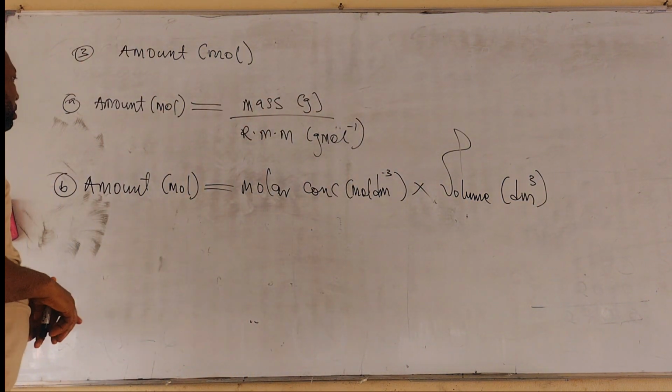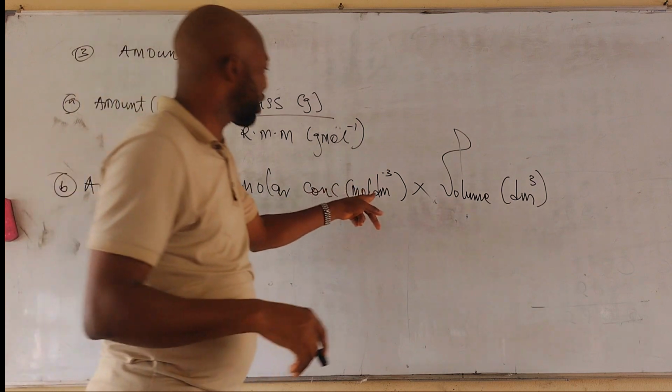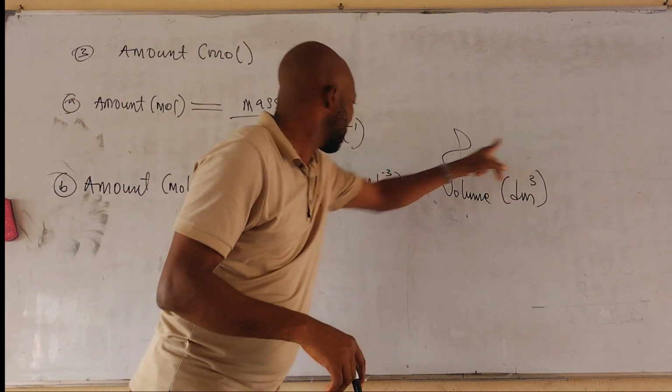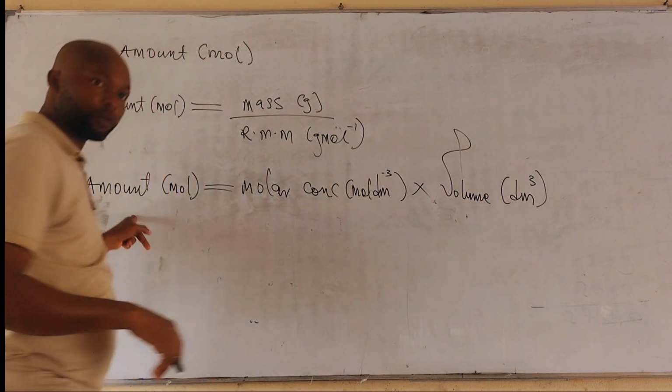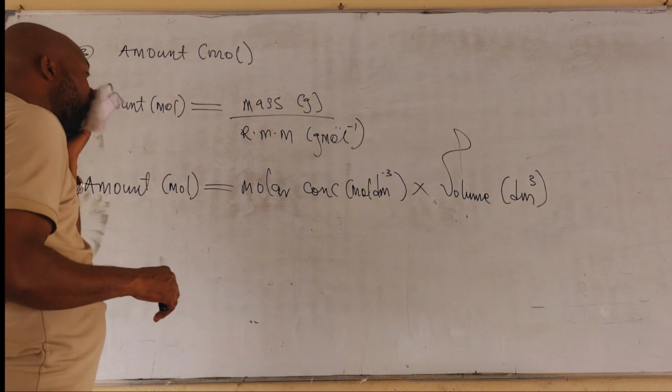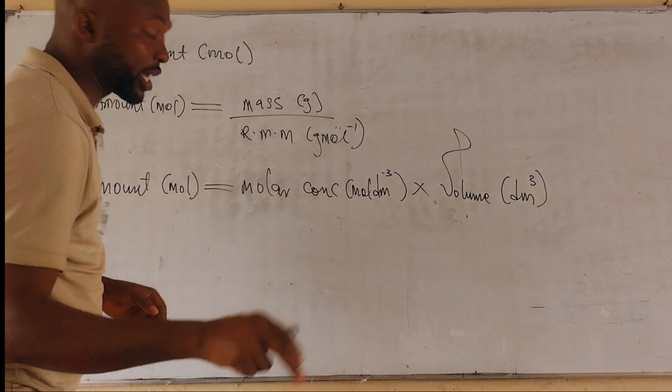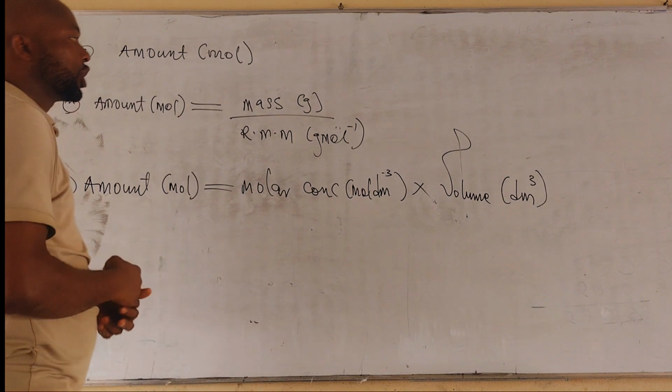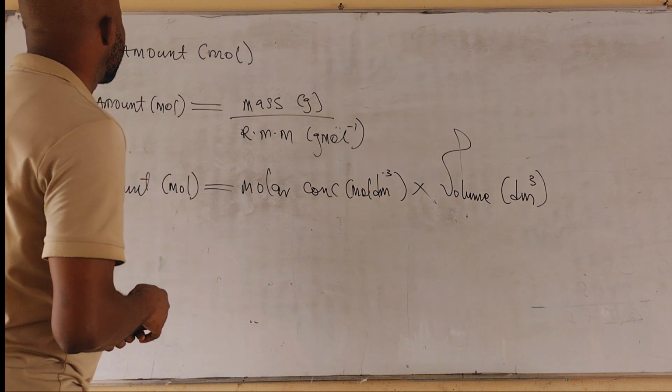So if I strike this and this out, I'll be left with mole for amount. So this is another formula which we can use in our calculations. So we are under amount.